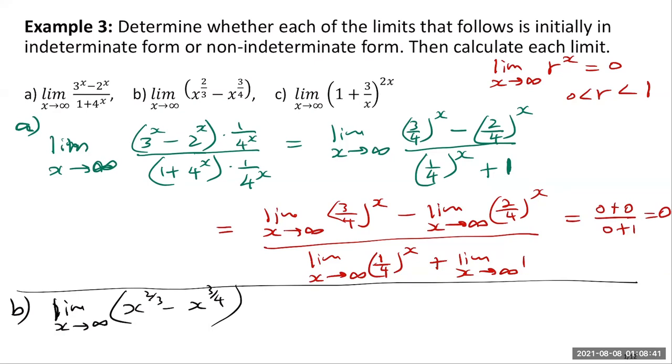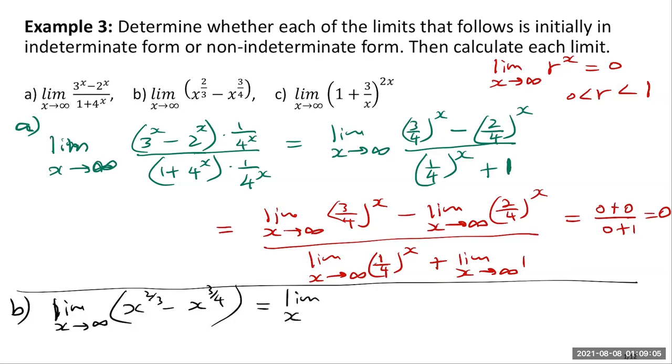The problem is that if you plug in infinity straight away, infinity here and infinity here, then you get infinity minus infinity, right? Which is an indeterminate form. That's the trouble we are having. Okay, so we need to find some way, some strategy to calculate this limit.